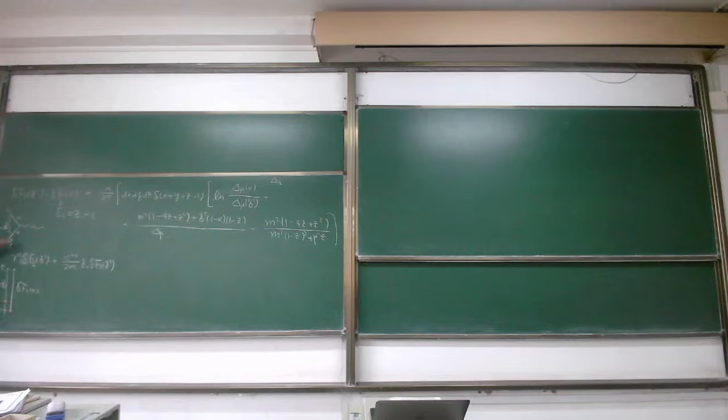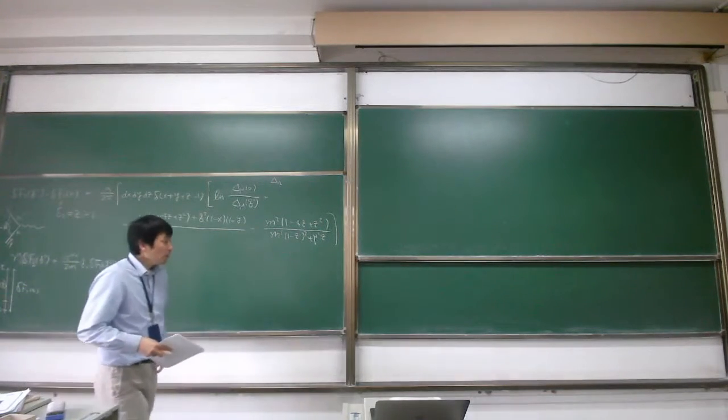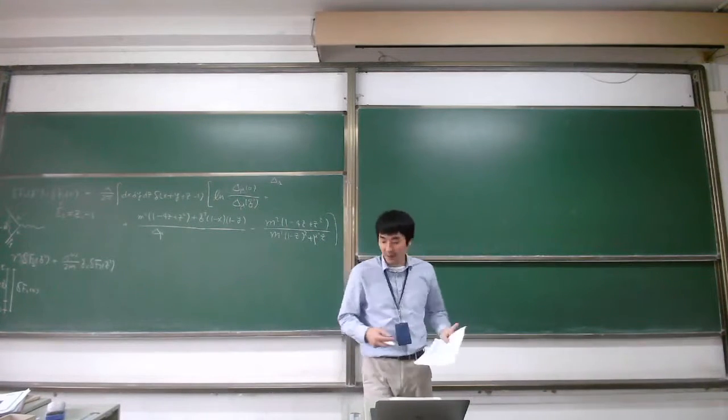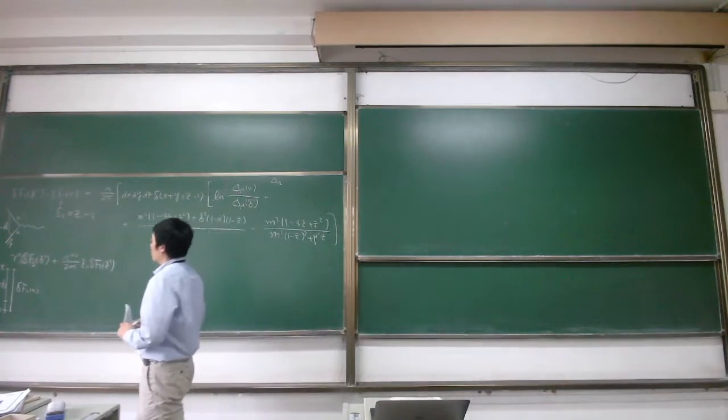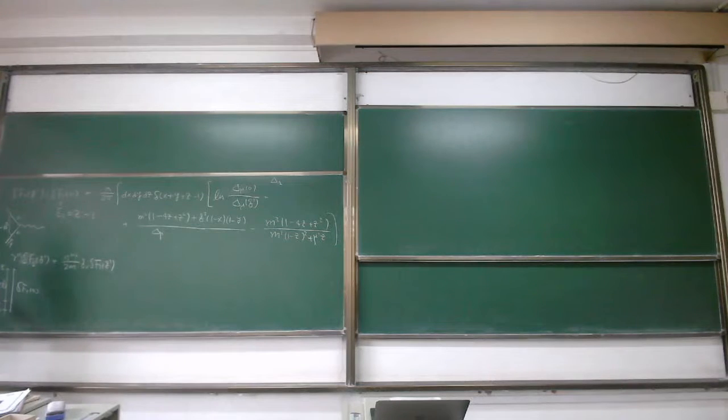What's happening in high energy, we're not interested in because we cannot measure. So what we're interested in is the difference between these two. That is the notion, the concept of renormalization.